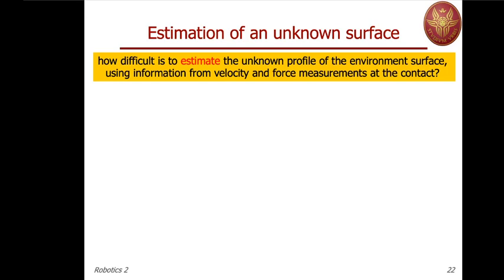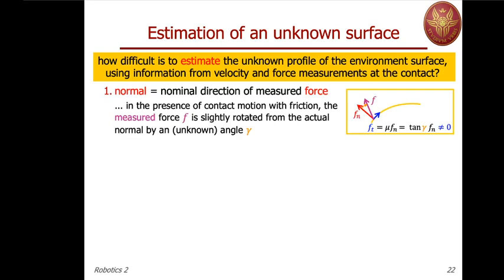But what happens? In the normal direction, which is the nominal direction of the measured force, because of friction, what we sense, the measured force, which is the violet vector here, is slightly rotated from the normal. So we are controlling Fn, but in fact we are measuring F in violet, and we have a tangential force which is proportional, with a coefficient, this is a Coulomb friction, to the normal force that we are realizing.